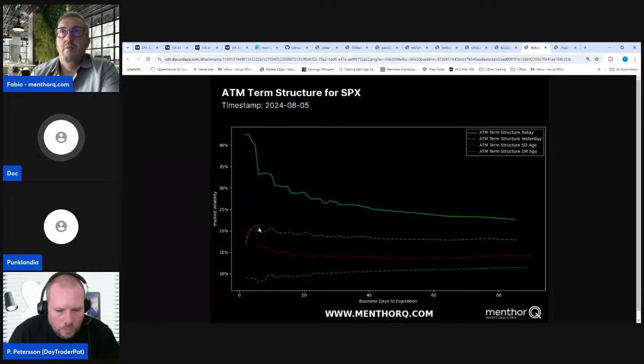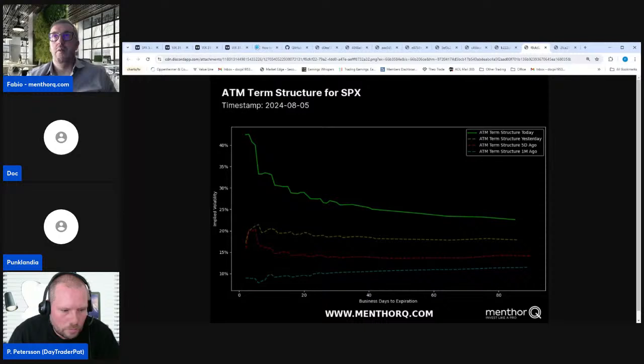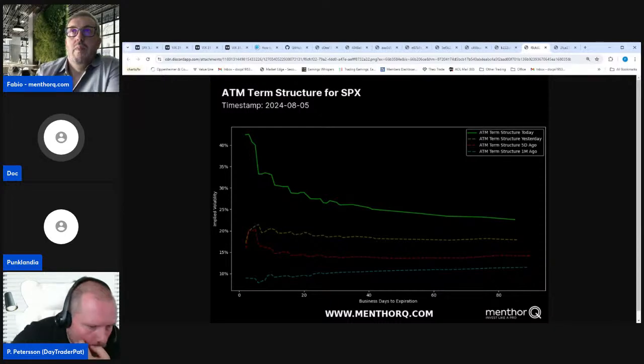Whenever you see this kink in the volatility curve, that means there's more volatility, more puts, more people placing bets that something's going to happen there. Now I don't know what date this is, but I'm going to guess this might be CPI day, where we see this little kink here. I would check my calendar, and it just makes sense to know where these days are.